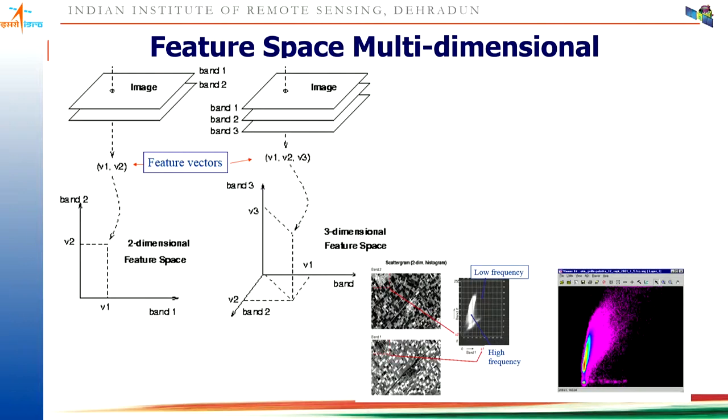Please don't think that feature space can only be two-dimensional. It can be an n-dimensional feature space. Graphically we can show only 3 dimensions here, but mathematically you can have an n-dimensional feature space in which all the n dimensions are at 90 degrees to each other. And in that n-dimensional feature space, all the pixels are plotted.